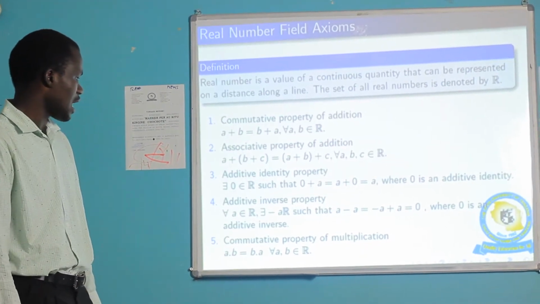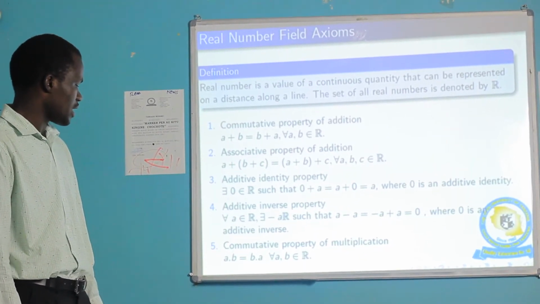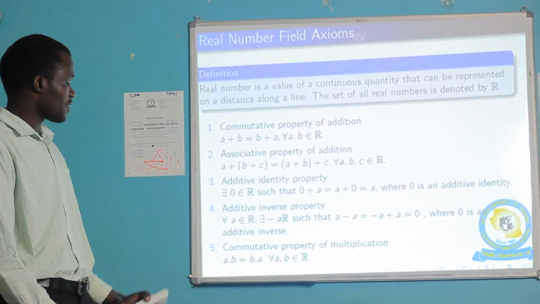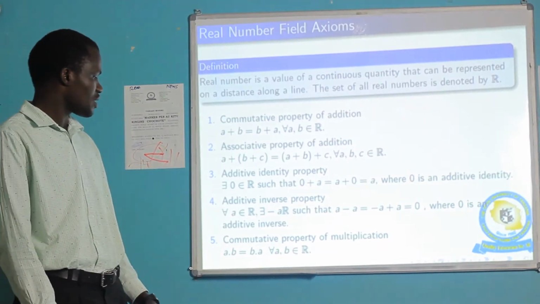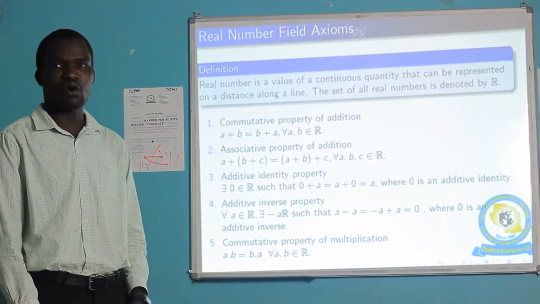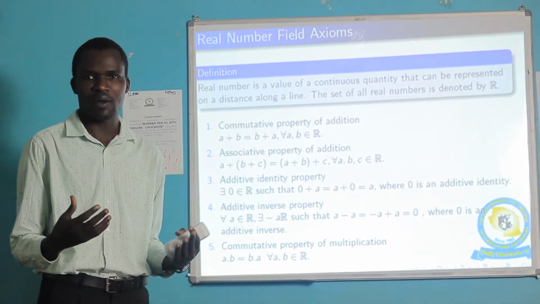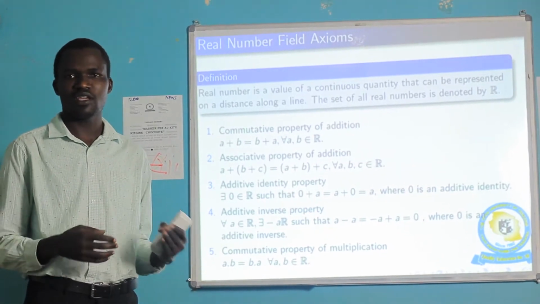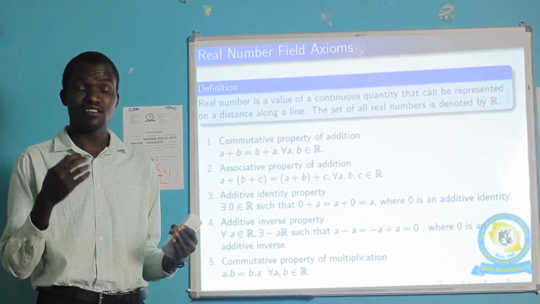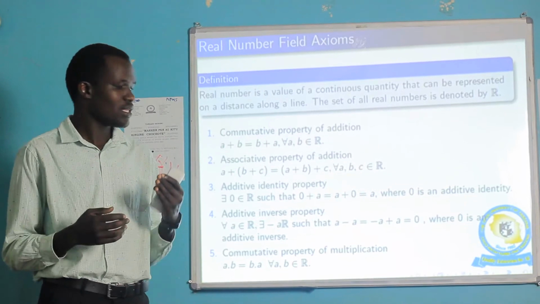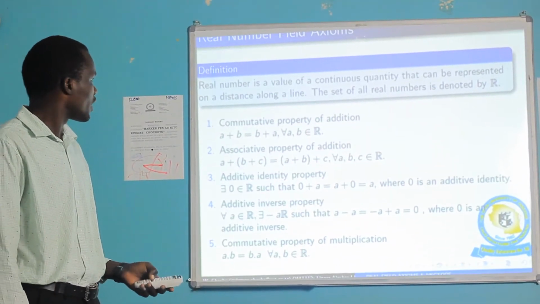The next ones are for multiplication. We have the commutative property of multiplication. It means if we take 2 real numbers, let's say A and B, A times B is equal to B times A for all real numbers.